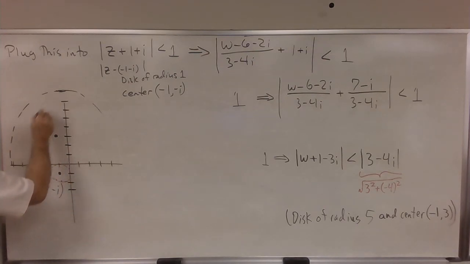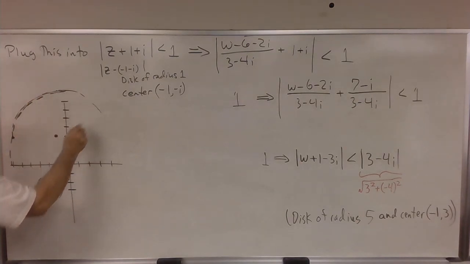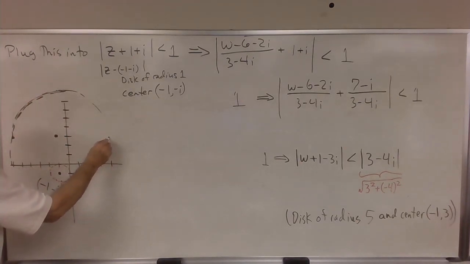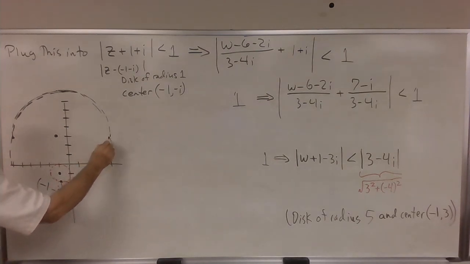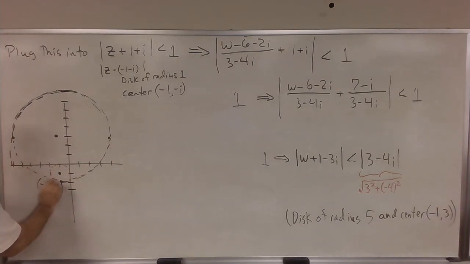One, two, three, four, five. So this little red disk gets transformed into that big one.